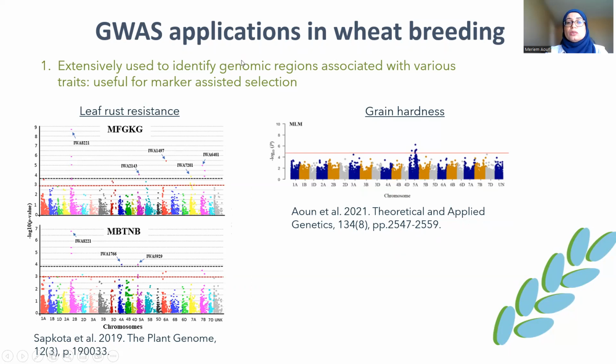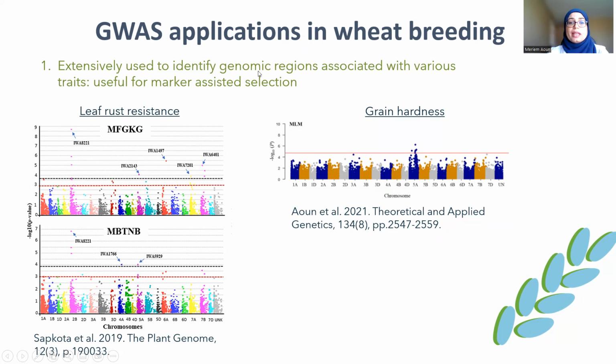GWAS are used mainly to identify genomic regions that are associated with various traits so that we can use these markers in marker-assisted selection. Remember that GWAS can provide markers that are tightly linked to the causal gene.